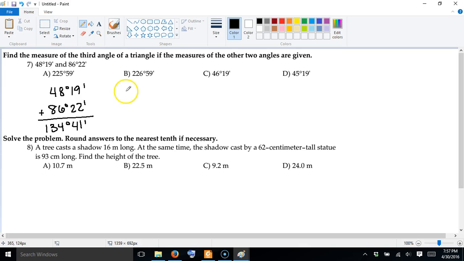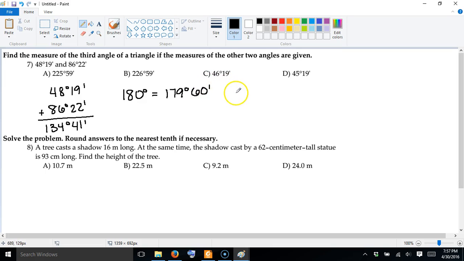This is what I wanted to remind y'all of: if we need to subtract an angle measurement that has minutes and seconds in it, just remember that 180 degrees is equal to 179 degrees and 60 minutes.